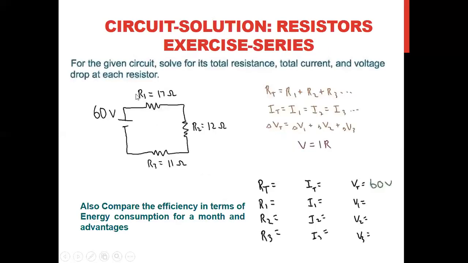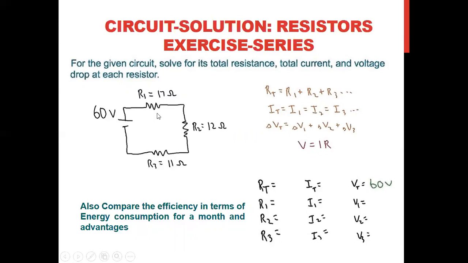Okay. Now there is one more. Here, one circuit is given. The battery or voltage source is supplying 60 volt to the circuit, and 3 resistances, R1 value is 17 ohm, R2 12, and R3 11.